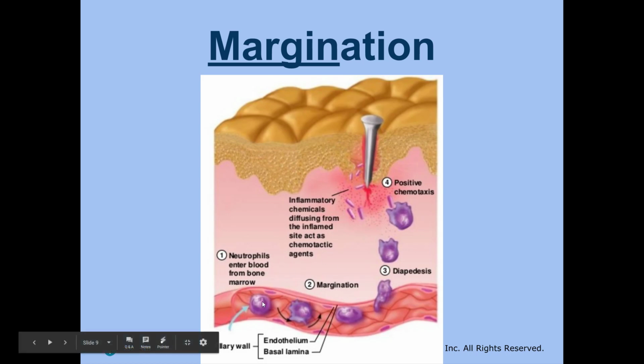So the neutrophils need to get in there, and what they do is margination. Margination means the white blood cells go to the wall of the blood vessel. The way I remember it is pretty simple. When you think of the margin, like the margin of the page is the side of the page, think that they're going to the side of the wall in the blood vessel.